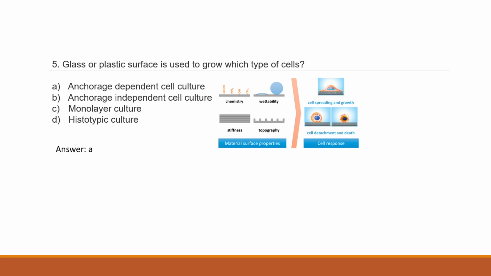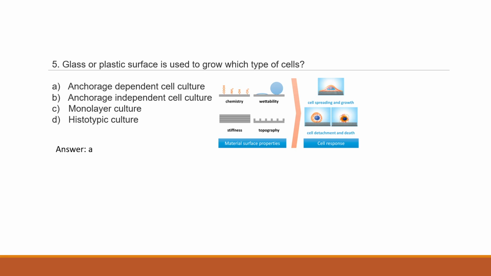So if your cells are getting repelled by your surface, then there is no point of using that surface if you want to grow an anchorage dependent cell. So wettability of a surface is whether your surface is hydrophobic or hydrophilic. If it's hydrophobic and hydrophilic, how hydrophobic, how hydrophilic. So you can even change your intensity of hydrophobicity, hydrophilicity, based on different coatings, based on different hydrogels that are available.